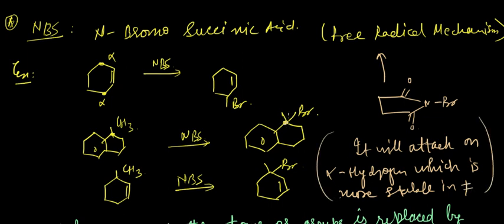As you can see, this was more stable. Similarly, this was more stable, hence it attacked on this carbon and this carbon.